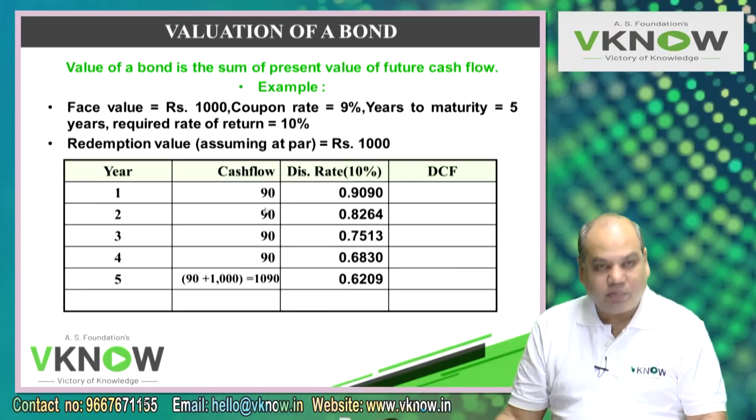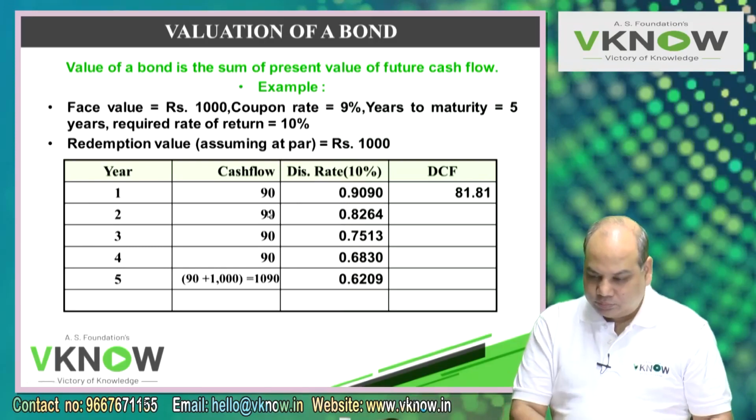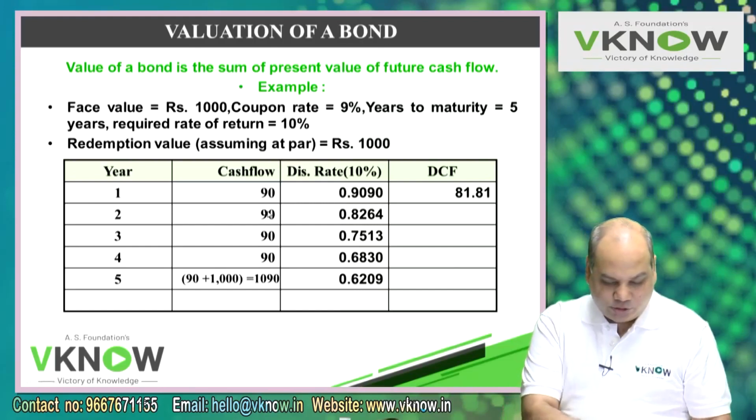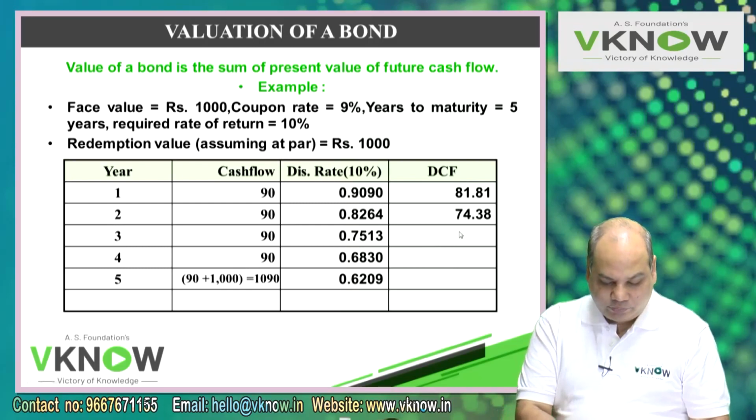So I will use memory plus function, memory plus. So you will find you are getting 81.81. Okay, now again 90 into 0.8264 equal to memory plus. So that is 74.38.